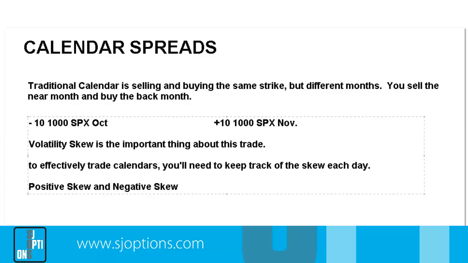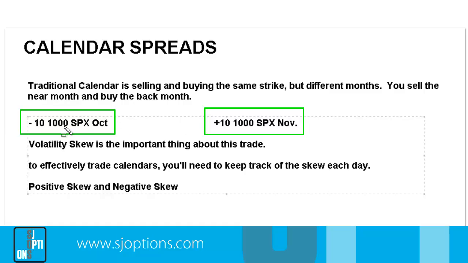So here's an example right here of the SPX. So we're looking at a situation where you would sell the front month, let's say the 1000 strike, and then you notice how the back month over here, October, November, you're looking at purchasing the same number of contracts at the same strike.